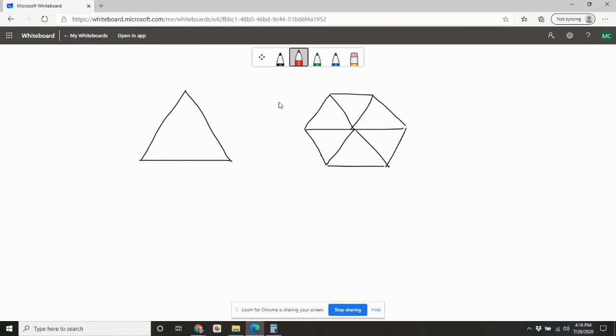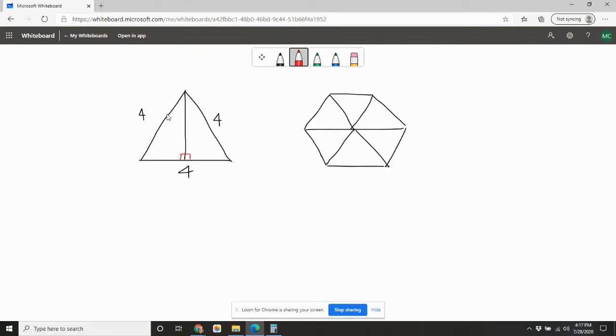Now, if I were to take that equal-sided triangle, we'll say this side is 4. That means this side's 4. This side's 4. And we cut it in half like that. We end up with 2 90-degree angles here.